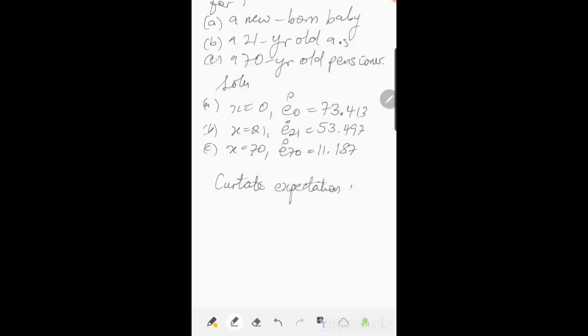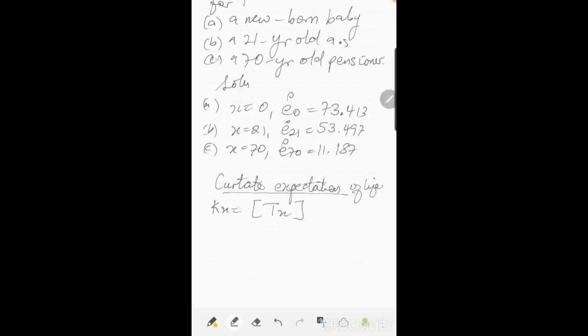To define this, we need to define Kx, which is the curtate future lifetime of age x. So Kx is just the curtate future lifetime.